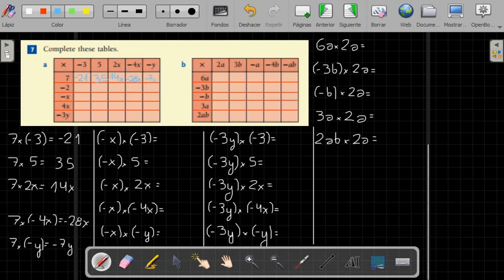Don't forget, you have to complete this row. Okay, now let's continue. Negative multiplied by negative, it's going to be positive.